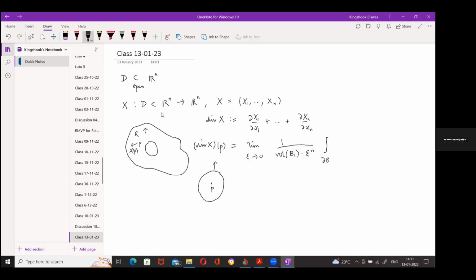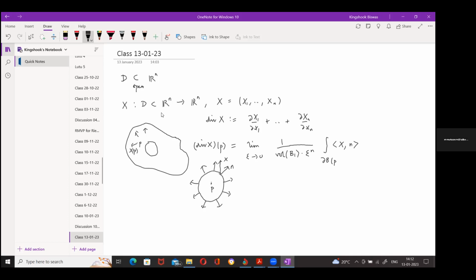So you take the unit normal to the boundary of the ball at each point. That's just the unit radial vector at each point on the boundary. So this is the normal vector, and then you take the inner product of X and this normal vector. So that measures how much is flowing out of the boundary.